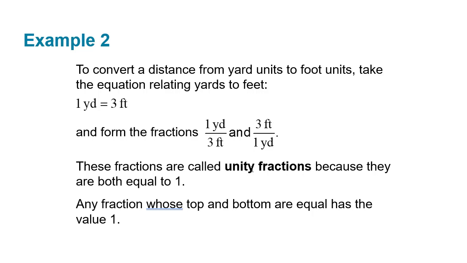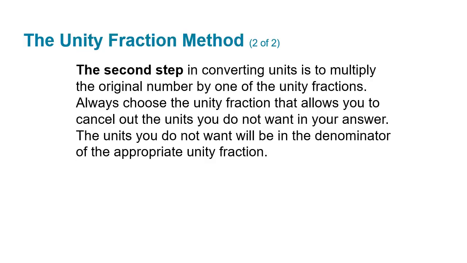That they're equal to 1. And then when you have this idea of a unity fraction, then you can use the conversion line technique to convert from anything to anything, including compound measurements, like feet per inches to miles per hour. You can still use the conversion line and these unity fractions.